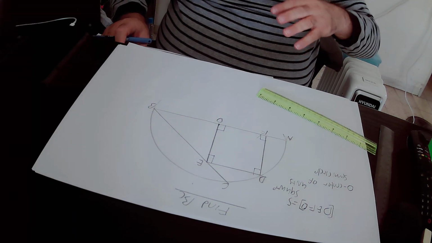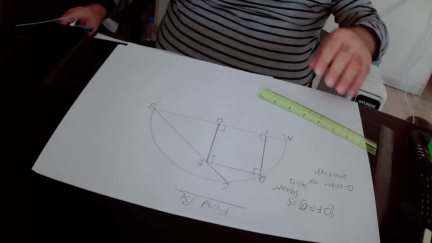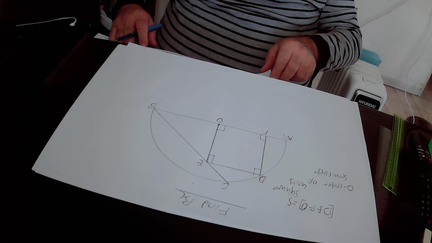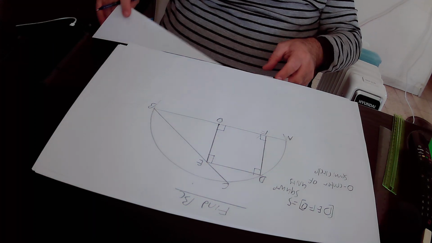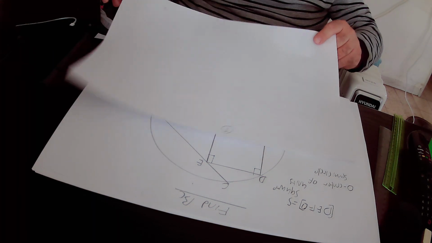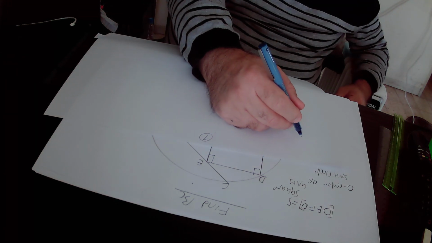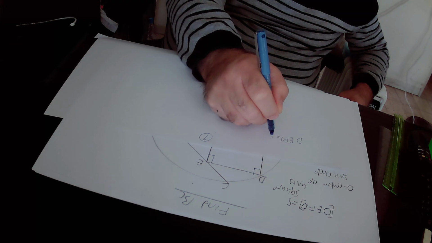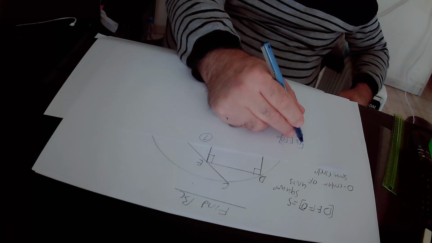And we know that the area of this square is equal to 5 square units. So we can write down that the area of square DEFO is equal to 5 square units.